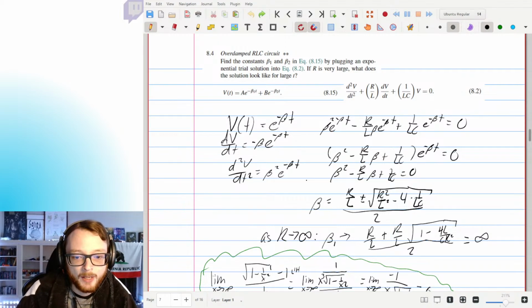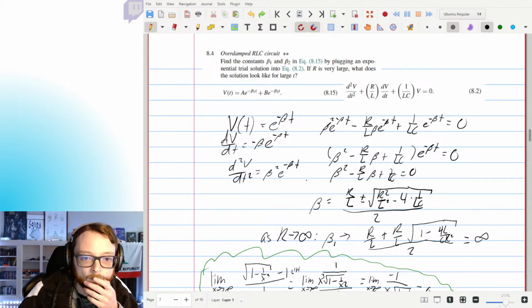And so I found that there's 2 possibilities for beta, because of the plus or minus from the quadratic formula. And then they ask you to think about what happens if R is very large, what the solution looks like for large T also.